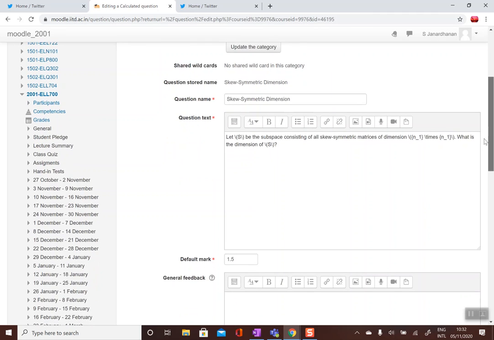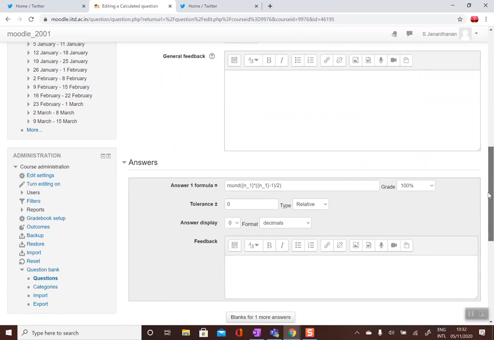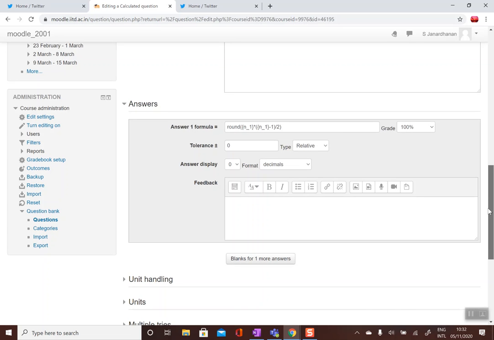Okay, so if you see it, I have defined a variable called n1, and the answer, of course there can be multiple different answers, each with a different grading. Here I've given only one answer, but there can be multiple answers, each with 100% or 50% or 25%, whichever weightage.